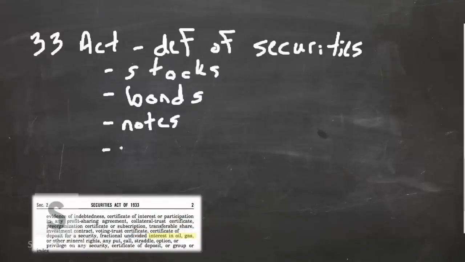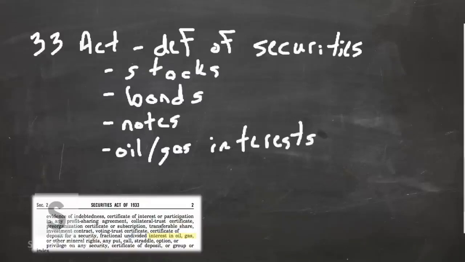Oil, gas interest. There's probably a few here you don't recognize, but what you'll see is that the 1933 Securities Act defines it in a way in which it provides a listing, which can be helpful. But of course, the limitations of a listing are that sometimes you can't list everything that might come up.